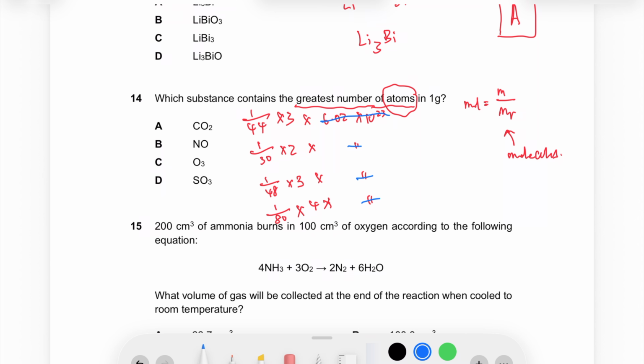Okay, let me try the first one. So this I will get about 0.0682 mole.